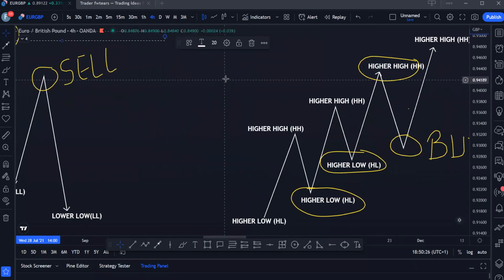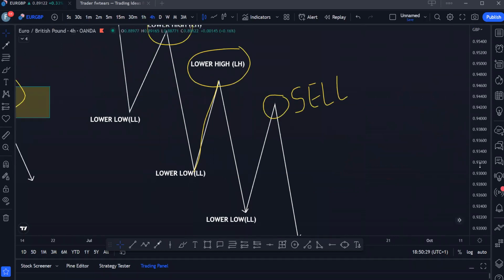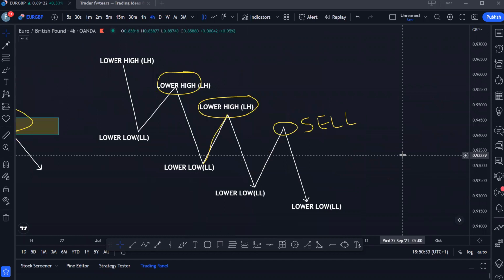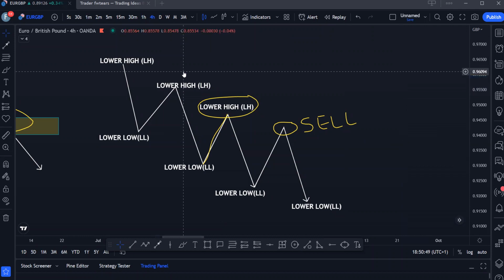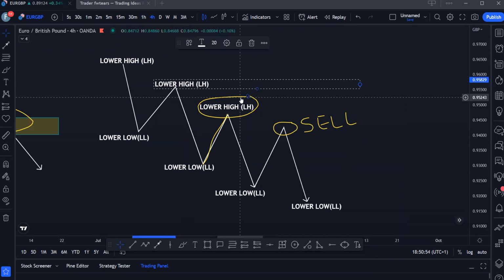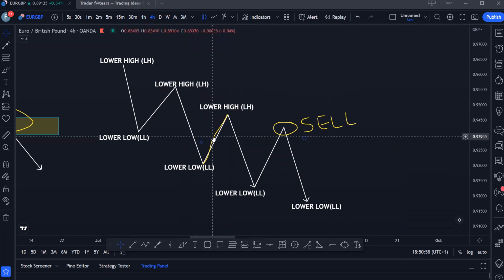So this is a downtrend. We've already established that in a downtrend, we want to look for sells, and we are looking for sells at lower highs. Now, the question is, how do you know a lower high? How do you spot a lower high? How do you know the zone to start selling from in a lower high?